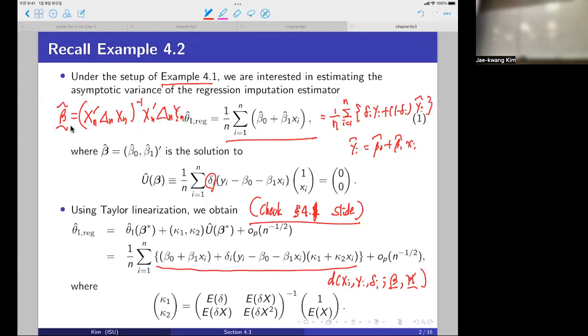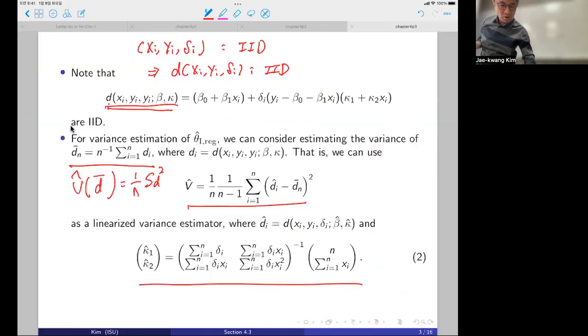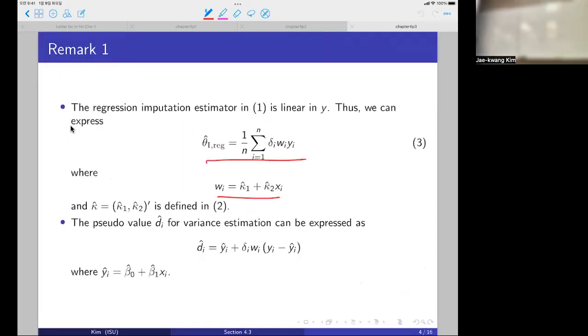So end of the day, you have y1 to yn, and then you have just some weights. So your estimator here will be just the weighted mean of the y_i. And it turns out that your weight is a very simple expression. Why? Well, let me continue.